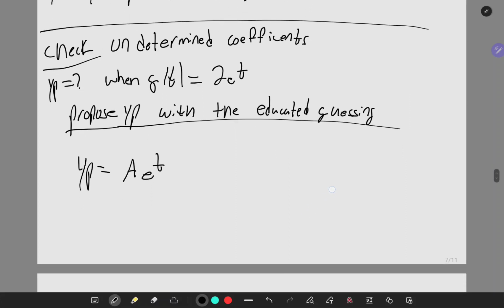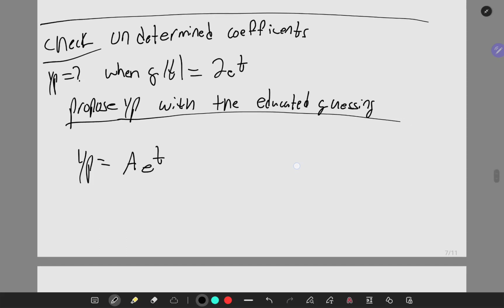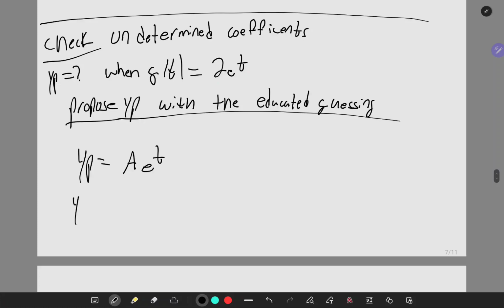And now you can already see just how much easier undetermined coefficients is for this problem. Whenever you have something simple like 2e to the t, always just use undetermined coefficients. You'll be done in like 2 minutes because you don't have to do the system of equations. All you have to do is this, and then you just have one term, right?